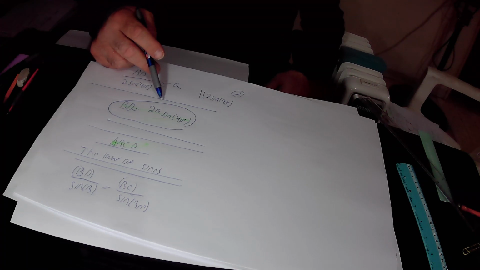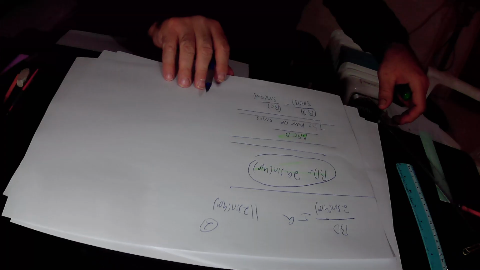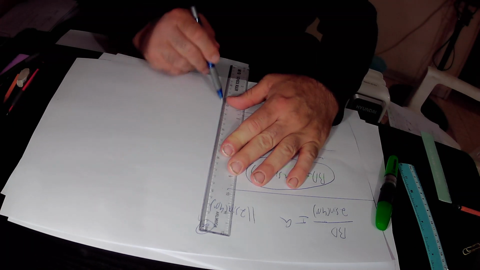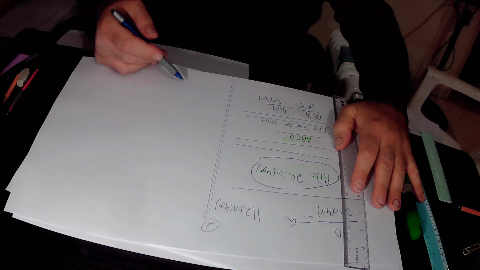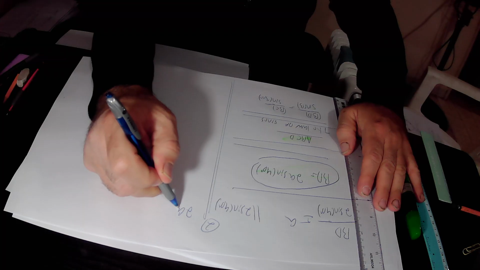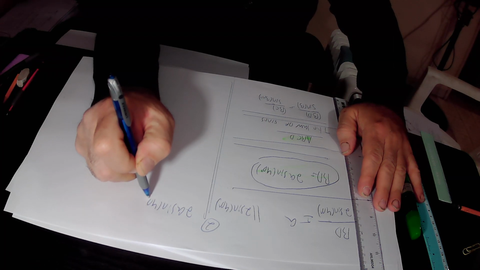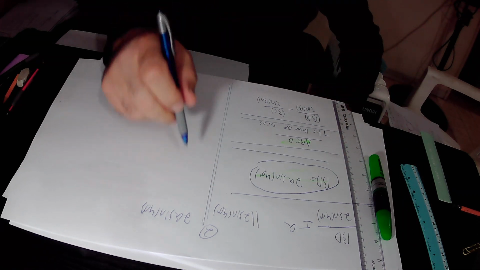We already found out that BD equals 2A sine 40 degrees. So let's substitute BD by 2A times sine 40 degrees. So BD equals 2A sine 40 degrees, in the denominator we have sine beta, so it is over sine beta.